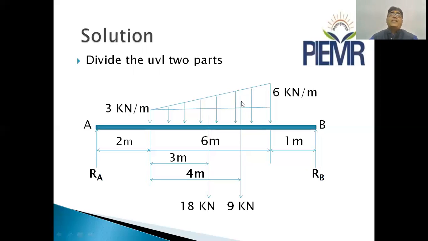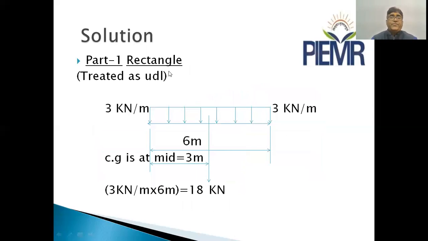Students, here the center plays a very crucial role because to find the moment at point A, the concentration of 18 kilonewton will be at the center of the rectangle, and the concentration of 9 kilonewton load will be at the center of the triangle, and taking the moment from A point, the center plays a very important role. So moving further, I have divided the whole UVL into two parts. That is part one.